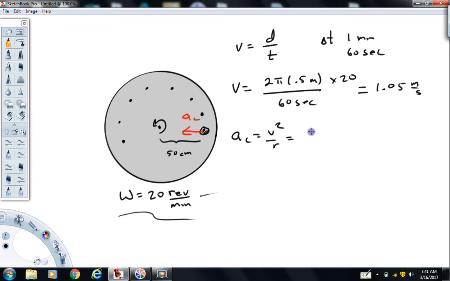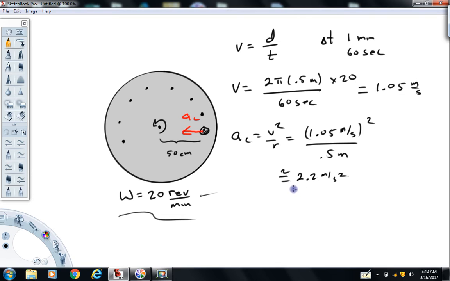So in this example, the centripetal acceleration is going to have a magnitude of 1.05 meters per second, squared, over 0.5 meters. If you give me a moment, I'll calculate a value. I get about 2.19. I'm just going to round that to approximately 2.2 meters per second squared.